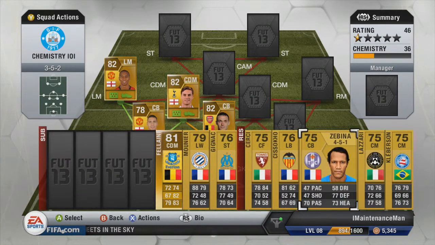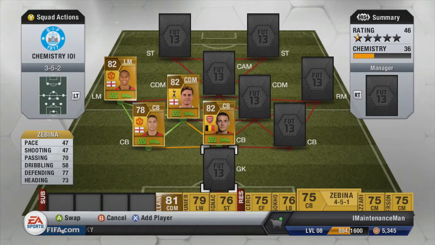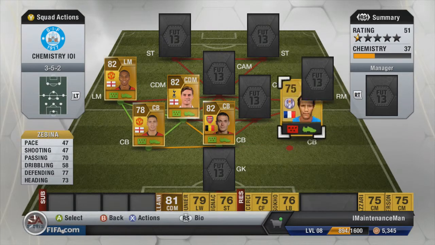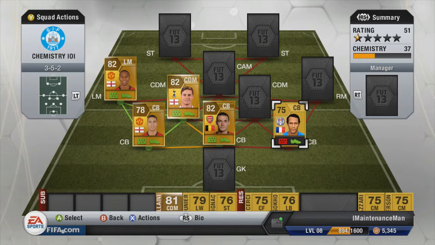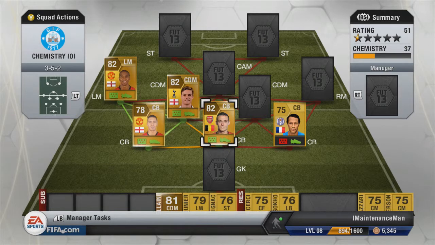Now what I will do is place in Zabina, who plays in Ligue 1 and is French. And you will see that although the position is right, the formation is wrong, and he neither plays in the Premier League for Arsenal nor is Belgian, so you'll see the red line between the two players.